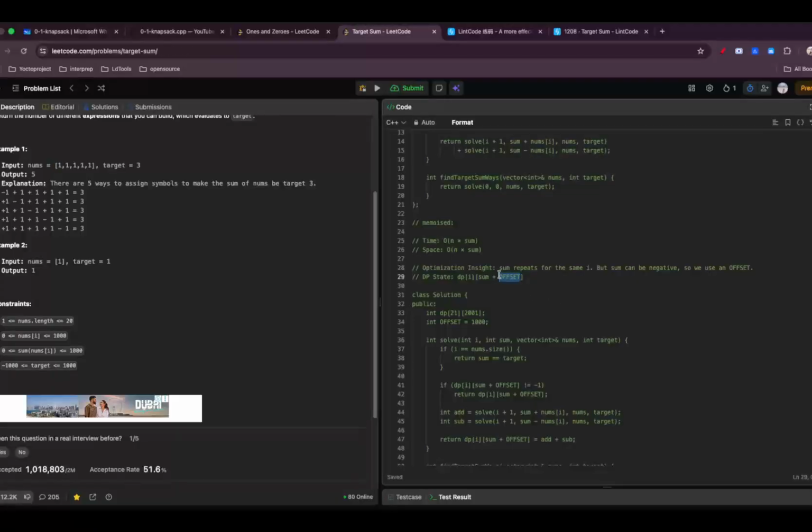If by chance a whole array comes into picture where all 20 values are present as 1000, then what maximum negative value can it attain? It can attain minus 1000 multiplied by 20, that is minus 20,000, right? So we need to take our offset accordingly.